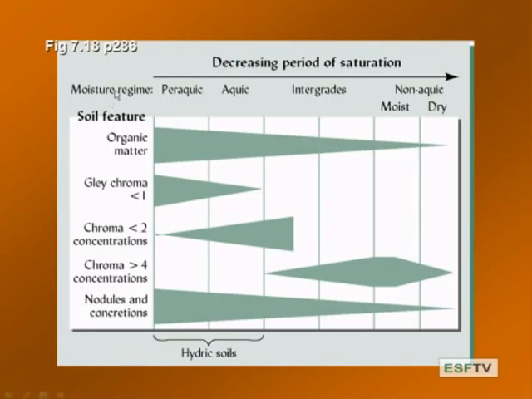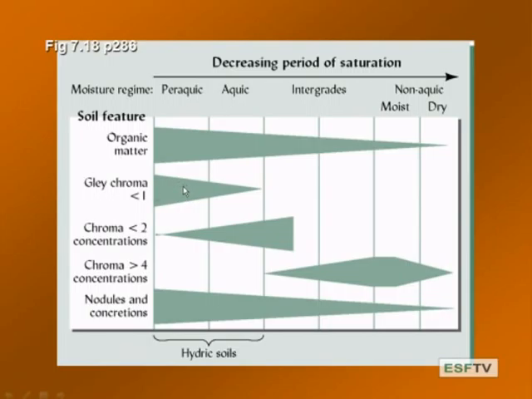So a hydric soil in peraquic and aquic moisture regimes, saturated most of the year, or fully saturated, can have a gley chroma, so chroma less than 1. We talked about gley, iron reduced, iron +2, having a very gray color. If there is this gley chroma, the matrix consists of this very low chroma iron. That's a morphological indication of iron reduction.